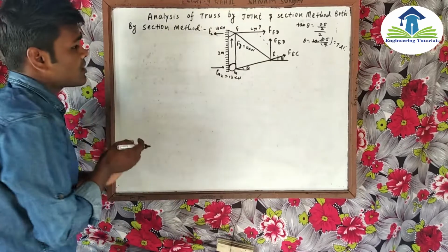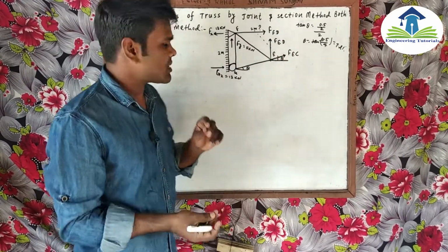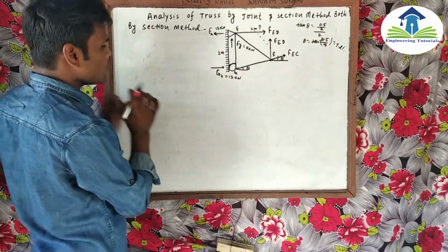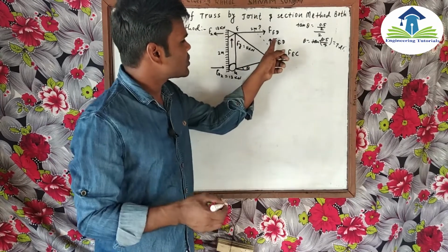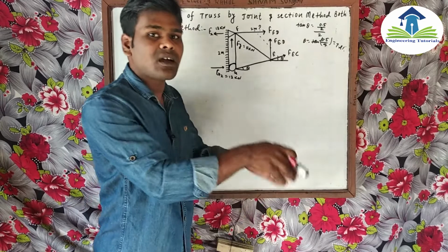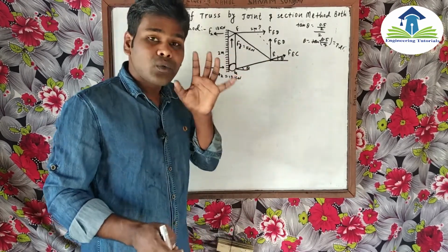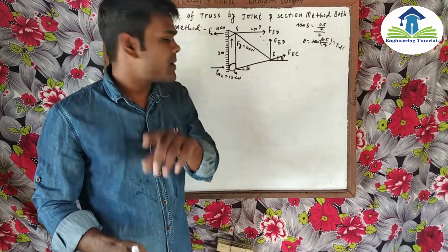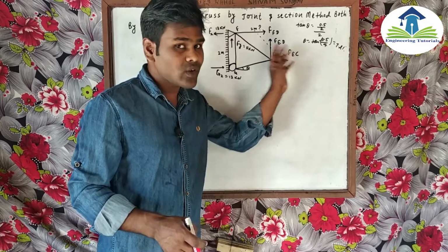So we have to determine this and this. How can we determine? First of all, we have two unknown forces, FED and FEC, which are acting at point E. So if we calculate the total bending moment at point E, then these forces will be cancelled.